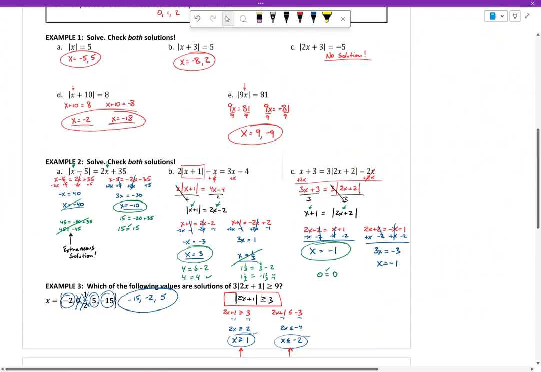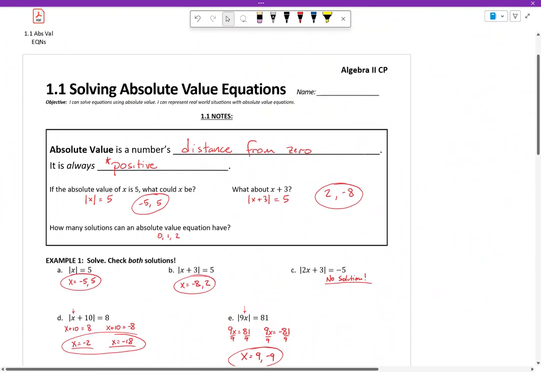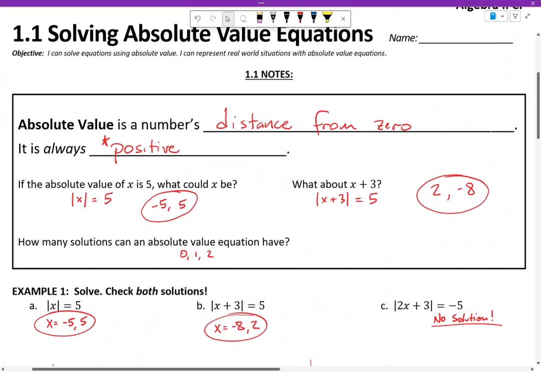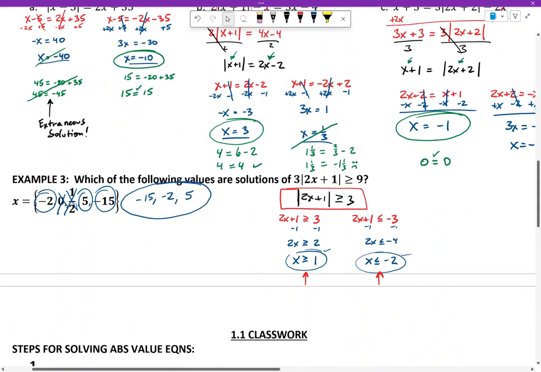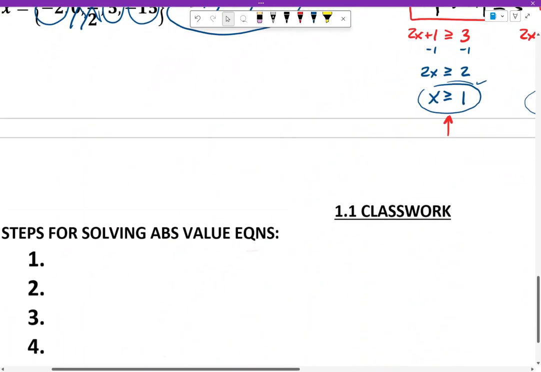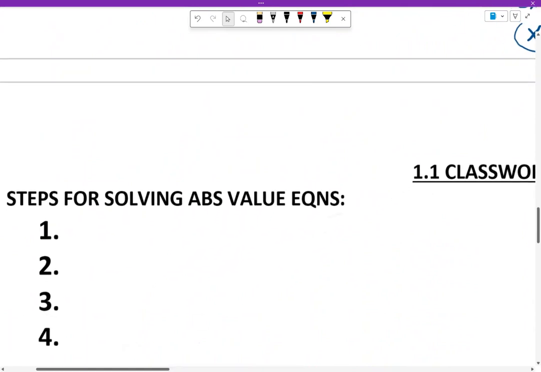So there you have solving absolute value equations. Absolute value is the number's distance from 0. It is always positive. Now, when you're solving equations, there are typically 4 steps to keep in mind. We've just gone through them, but just to recap, the first step is to isolate the absolute value.